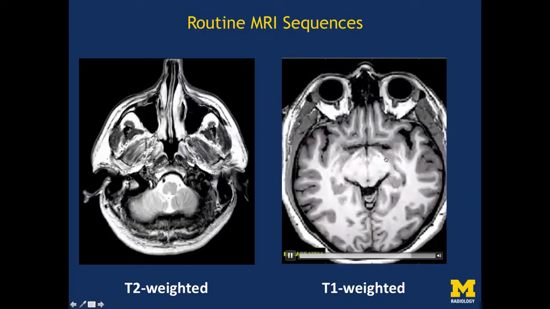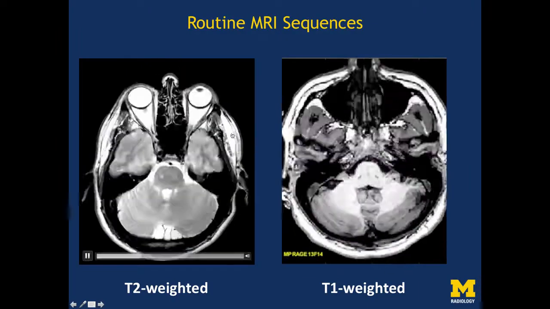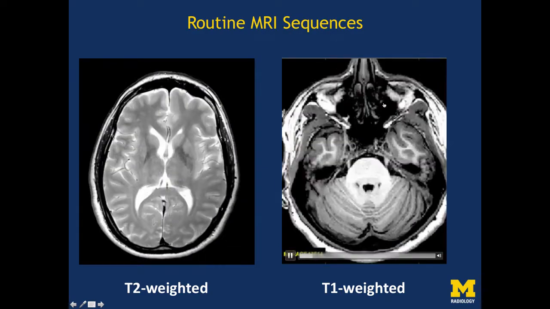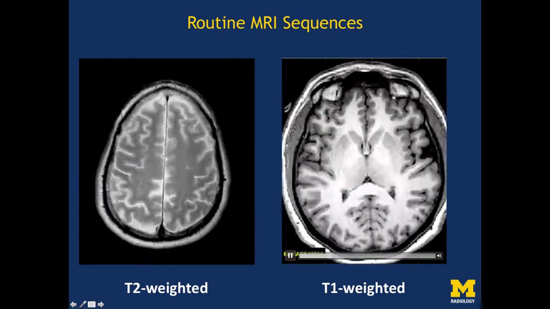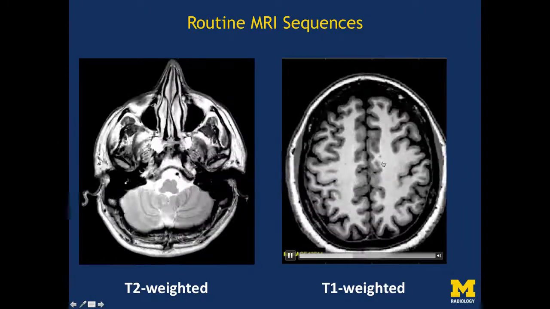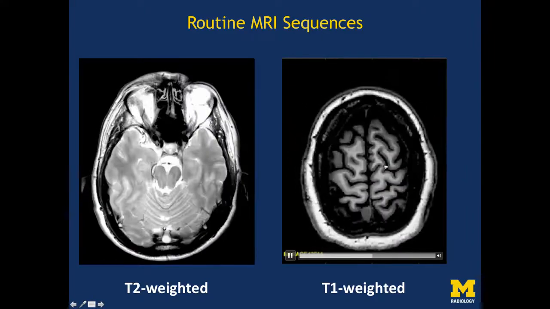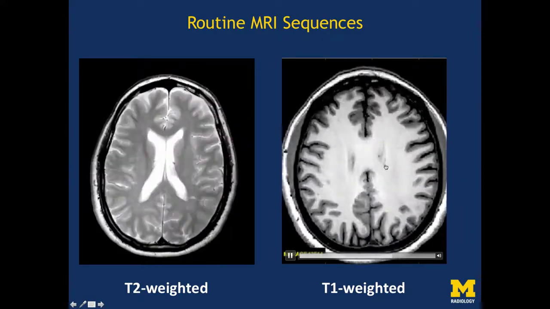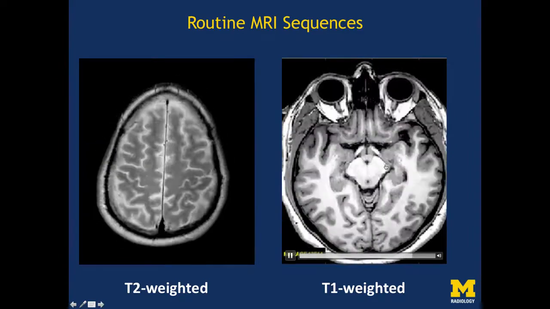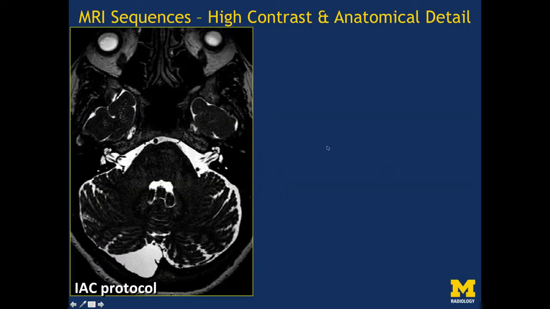In this case, it's a T1 weighted scan. Notice the bright signals of the eye now become quite dark in a T1 weighted scan. But we're mapping out anatomy with different contrast at different spatial resolution over different acquisition times.